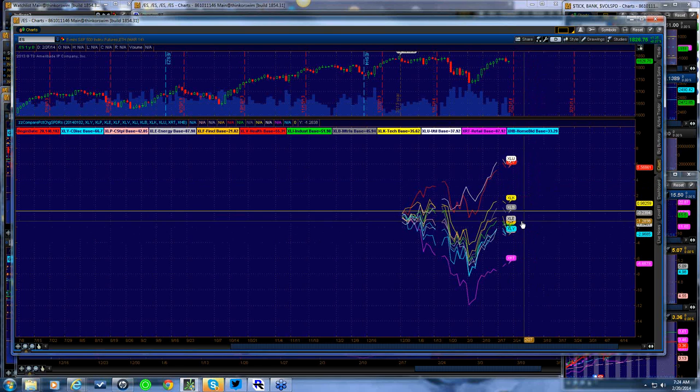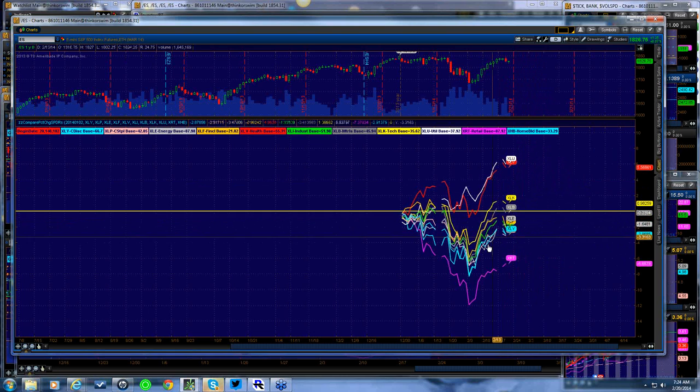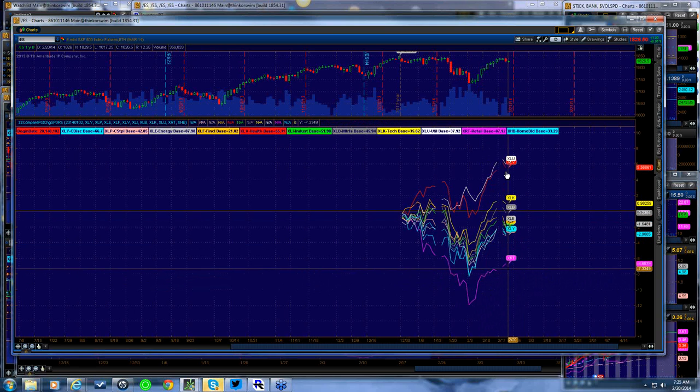One exception looks to be energy. Energy's been moving higher against the grain, and so has the retail sector, which has been in the cellar for most of the time. So with those two exceptions, all the other sectors started showing a little more weakness.